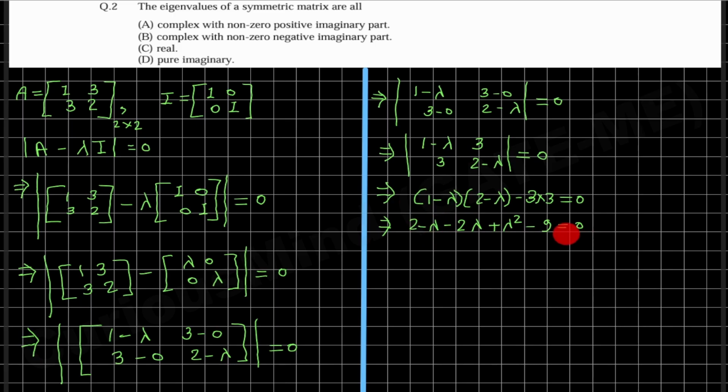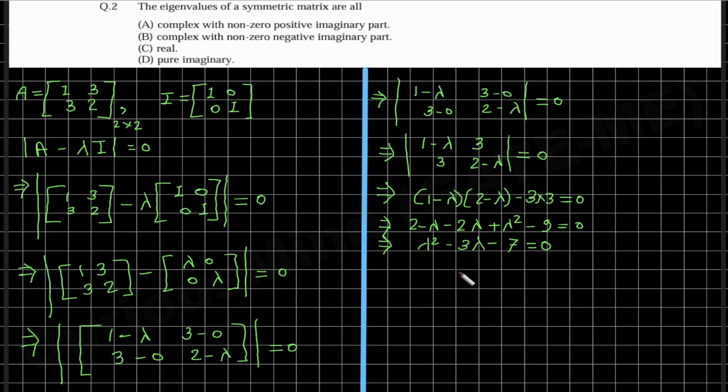We would further simplify it into a more simplified form. So we have a simplified expression, which is actually a quadratic equation with a variable lambda.